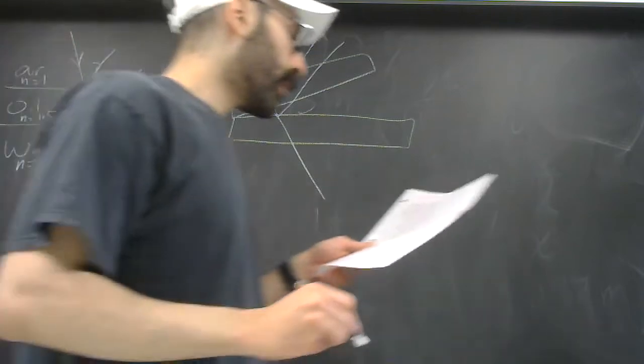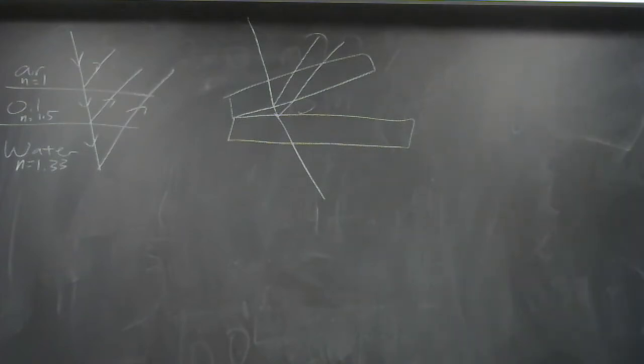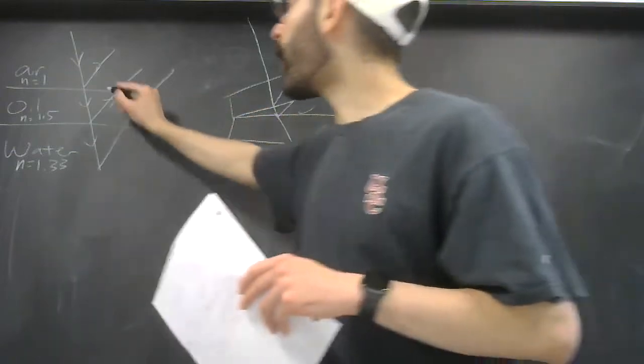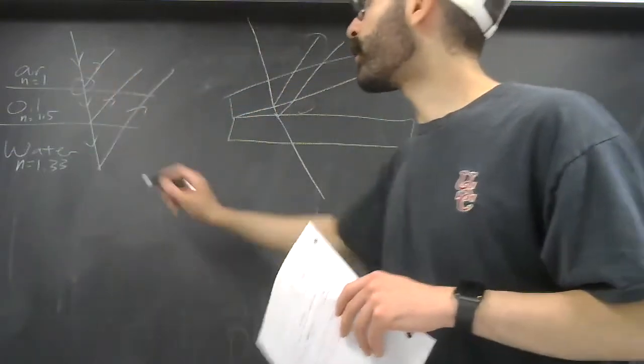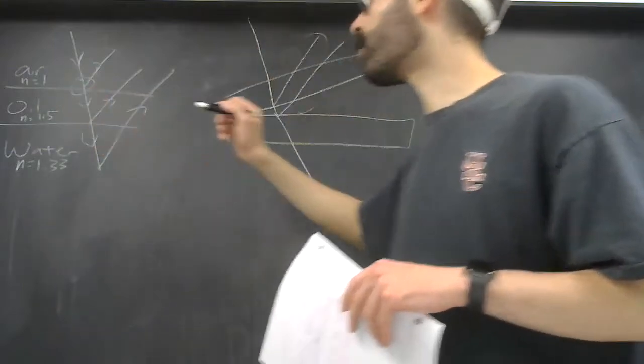But the phase shift only occurs when it reflects off the surface of a higher index of refraction. So in this scenario there's going to be a phase shift right here, but in this one it's going from a higher to a lower, not from a lower to a higher, so no phase shift.